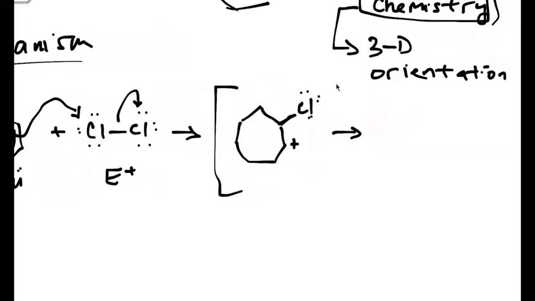But this doesn't stay like this. It actually collapses and closes. Boom. So that's gonna attack the carbocation, and then you're gonna end up with an intermediate that looks like this. And I'm gonna draw it way edged.